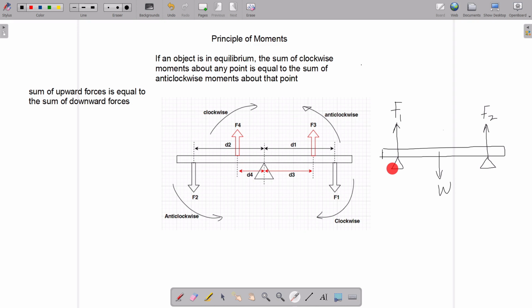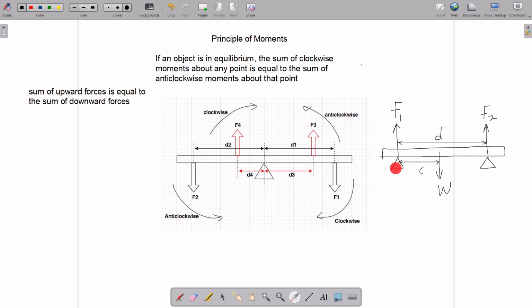If the distance is 0, then the moment will be 0. If you are taking moments about this other point, then the force F2 would have no moment because its distance from this point is 0, since it's acting at the same point.